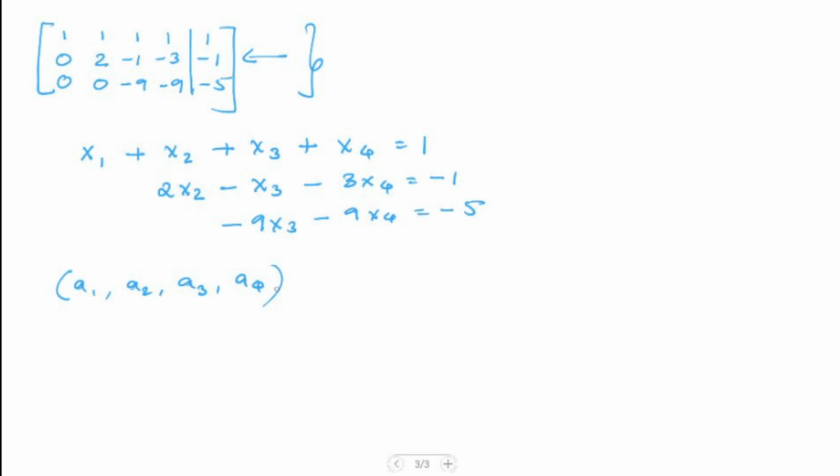I hope that part is clear. So if this is a solution to the original system, it is also a solution to the last augmented matrix here. And the equation that we have here is equation 3.